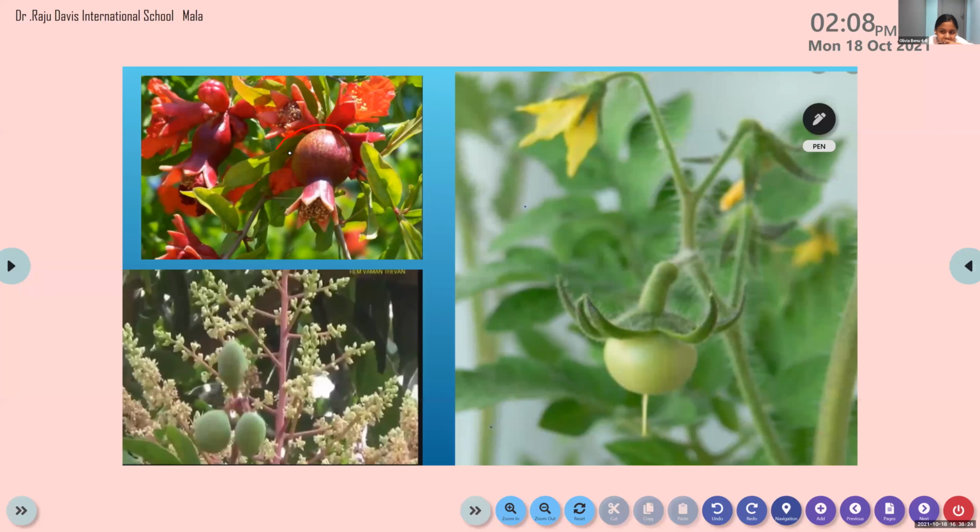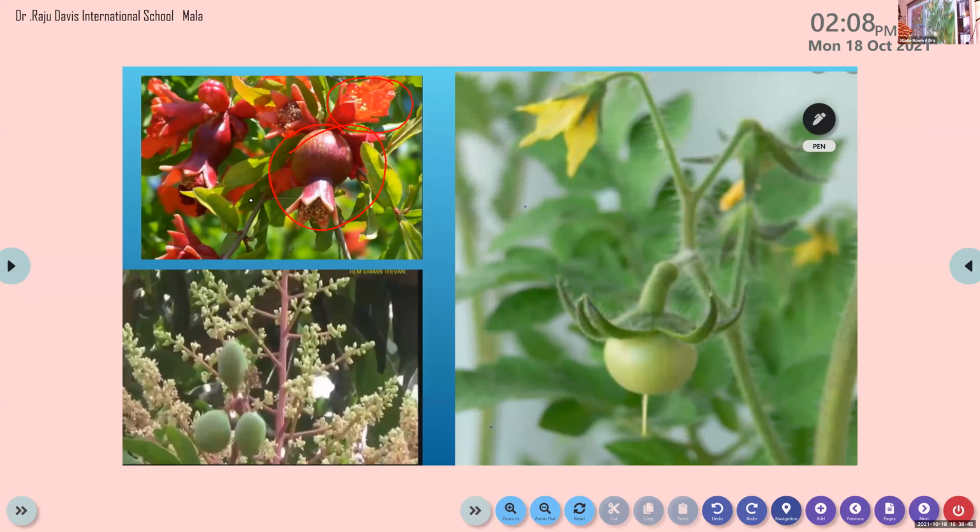You know, so pomegranate. See, in this picture you can see first on that plant one flower will come out. That flower will change like this. Then it may change like this. Then at last that flower will change into the fruit. Clear?